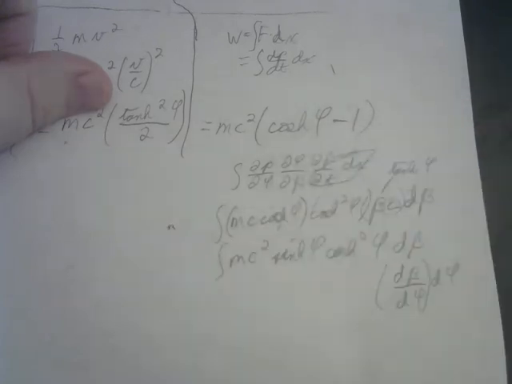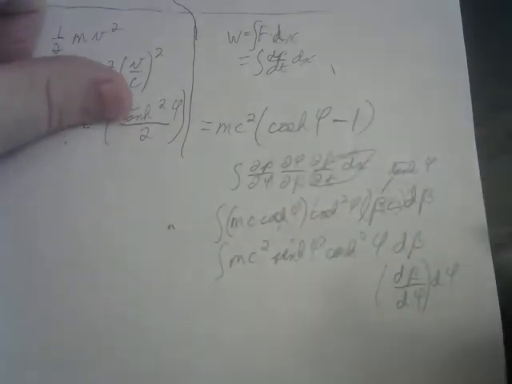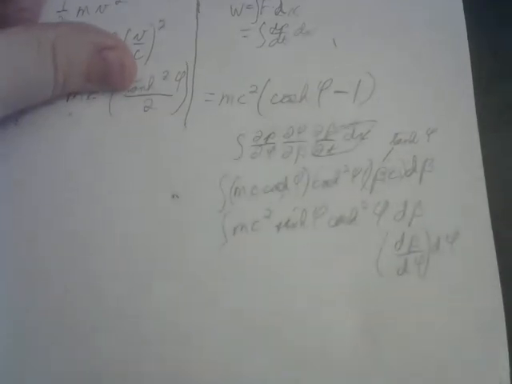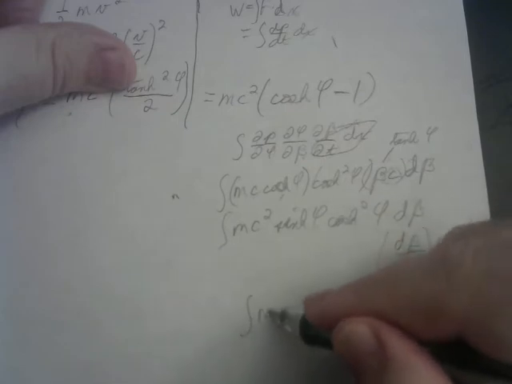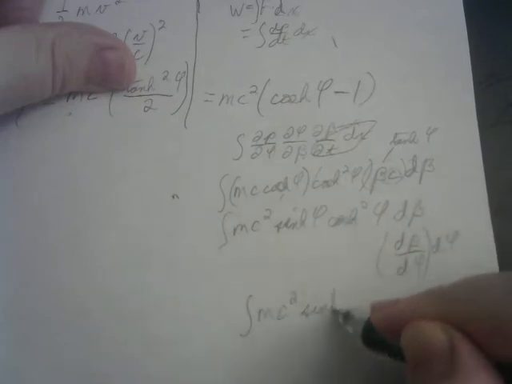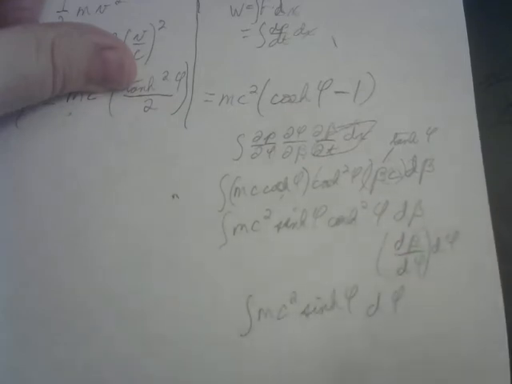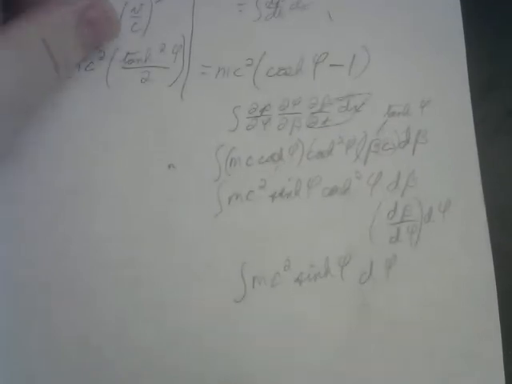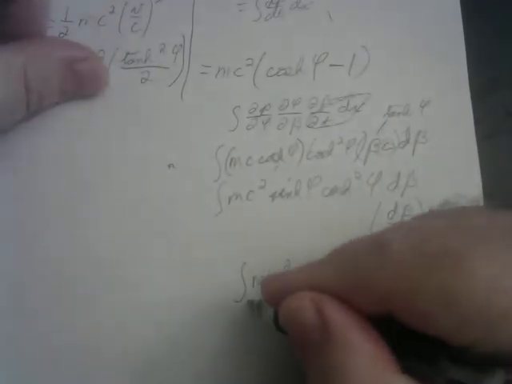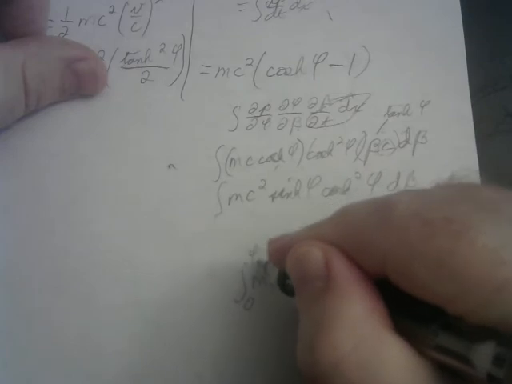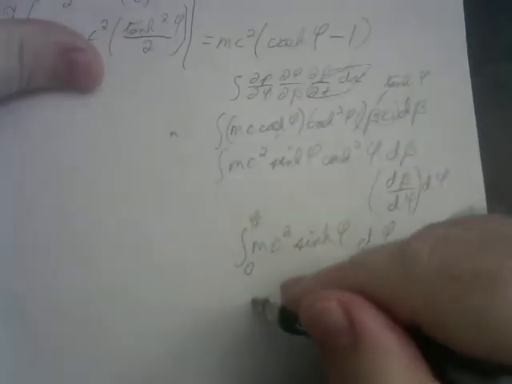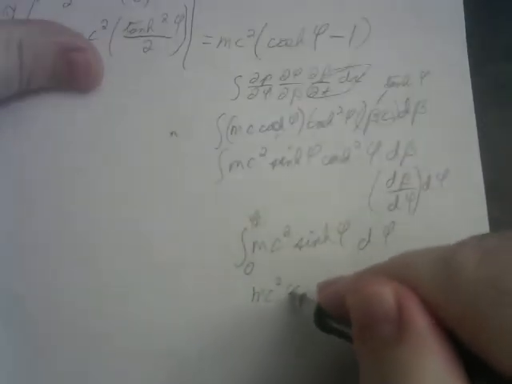I think I may be doing extra work that was not entirely necessary, but you can see that this d beta d phi cancels out with that cosh squared, and we'll end up with just mc squared sinh phi d phi down at the bottom. And then when we do the integral from 0 to phi final, we'll get mc squared cosh phi.